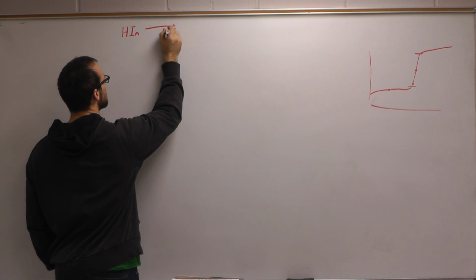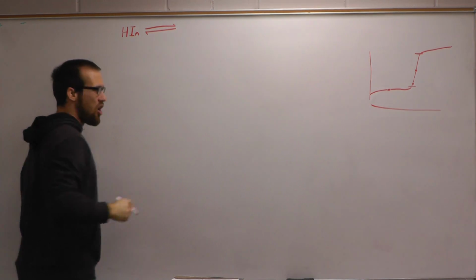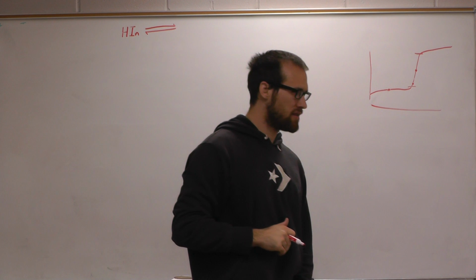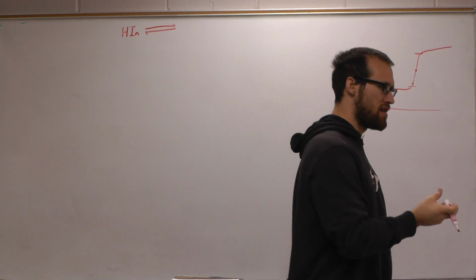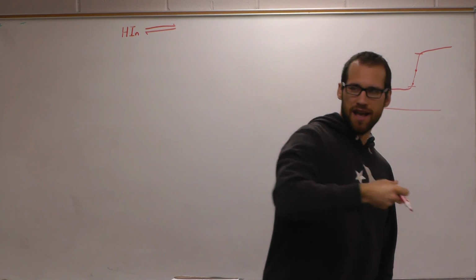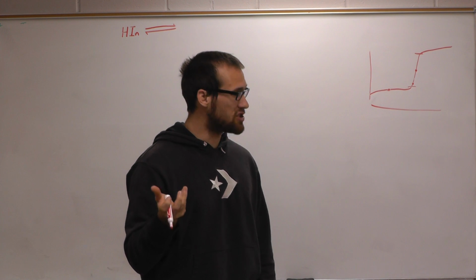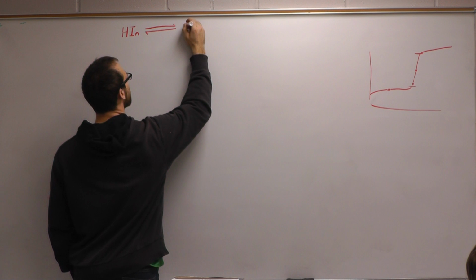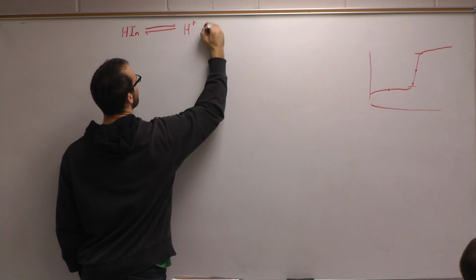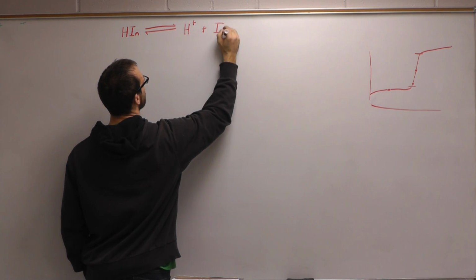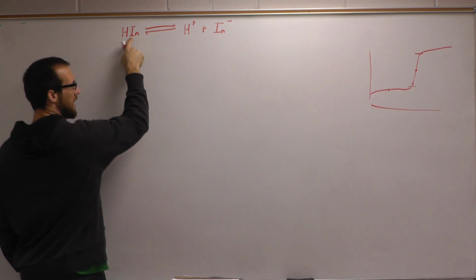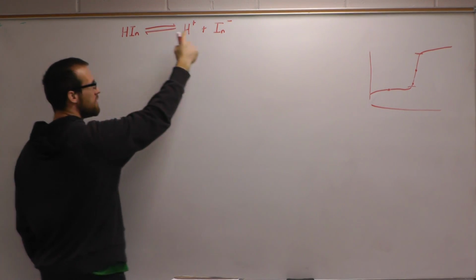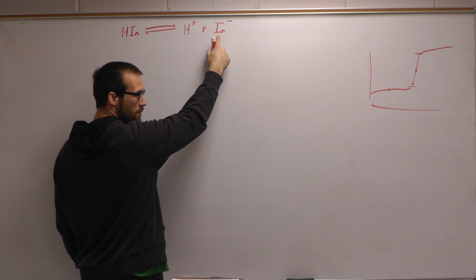Basically what indicators are typically a weak acid that has one color in its acidic form and a different color in its conjugate form. So there's the acidic form of the indicator, and the basic form of the indicator.